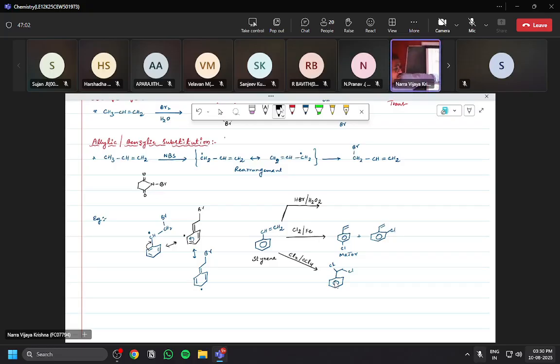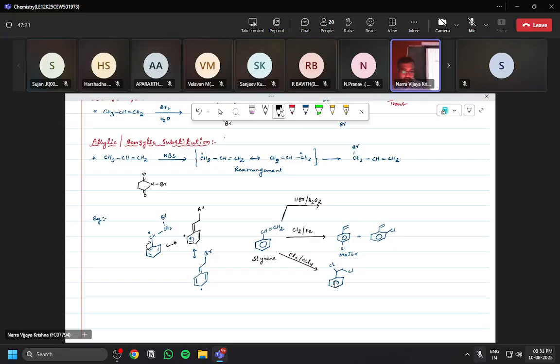One, H radical may come here. This is one possibility. Second, this possibility. Third, this possibility. So benzene's conjugation may be lost, may not be lost.